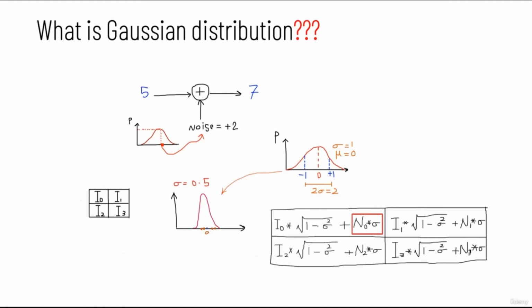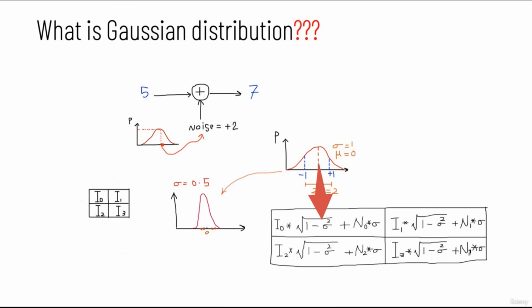So why did we multiply the noise that we took from our normal distribution with the standard deviation? Here, this is the standard deviation. It is not equal to 1. It is something different. It will control the amount of noise that we will add to our original information, which is I0 in this case.